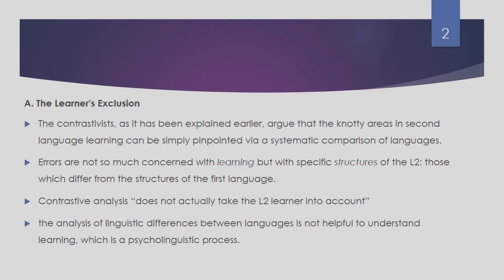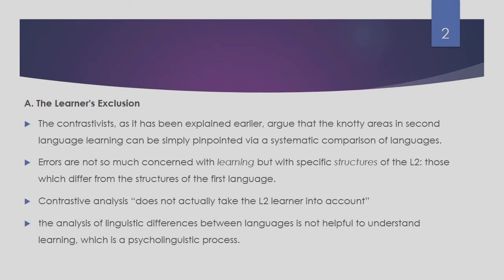As we have explained earlier in the contrastive analysis hypothesis, the most difficult areas in second language learning can be found or pinpointed through a systematic comparison of languages. This seems to be a theoretical matter, and the learner is not present.